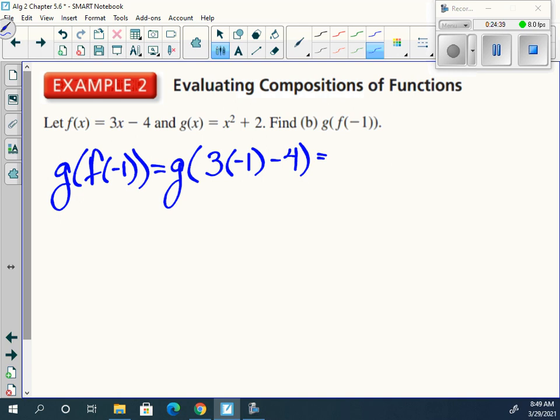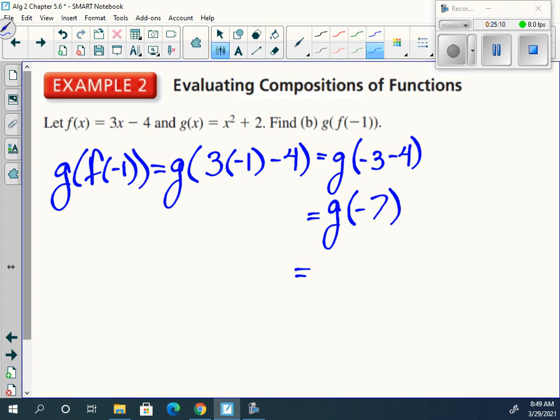So we're just plugging -1 into f of x. So 3 times -1 would be -3. Running out of room. And well, negative 3 minus 4 is negative 7.